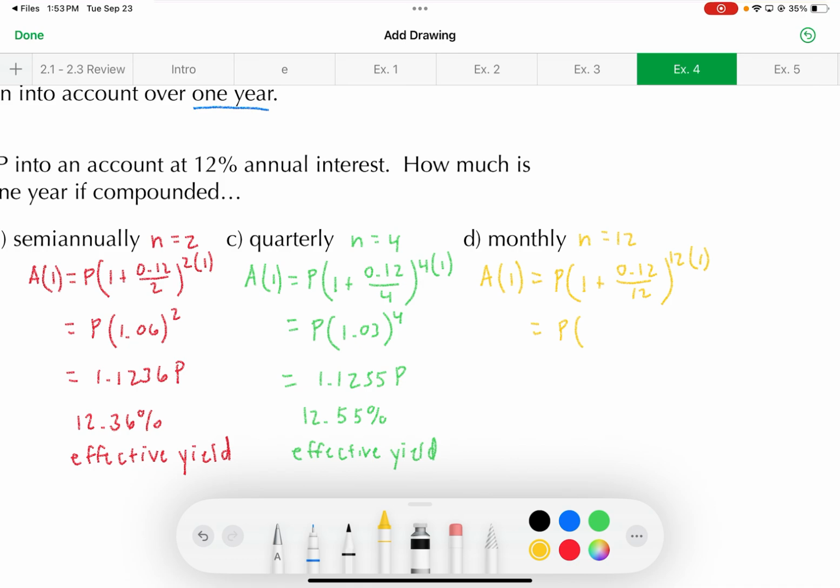Okay, that's going to be P times 1.01 to the 12th power, or that's 1.1268 roughly times P. So now the effective yield increases to 12.68%.